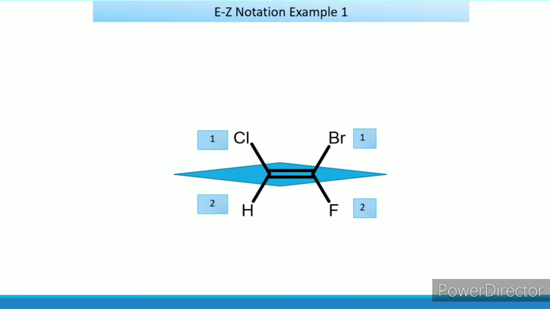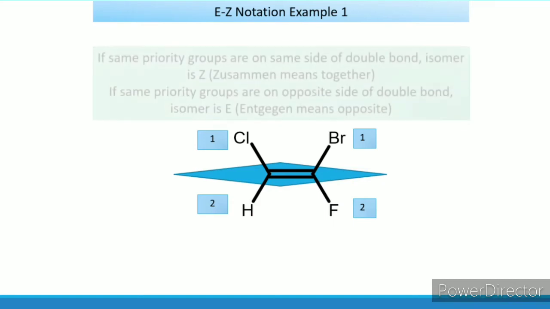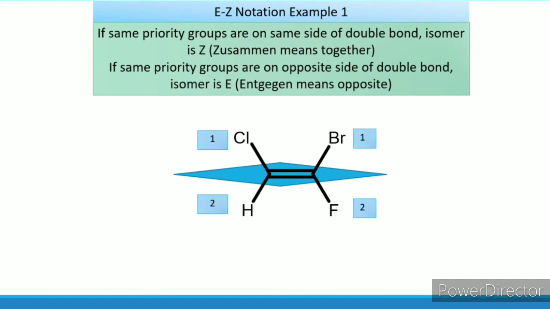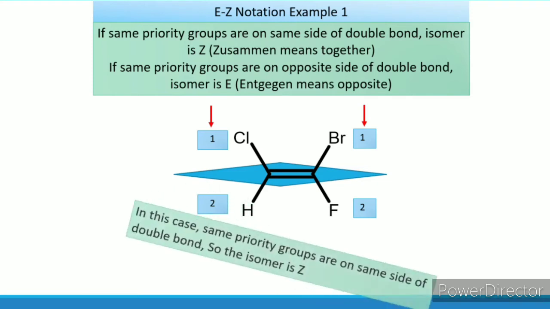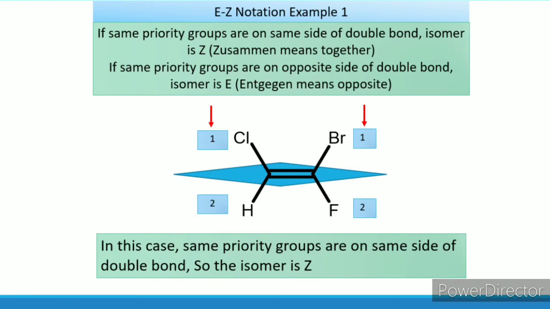For assigning EZ notation, you have to remember two statements. If same priority groups are on the same side of the double bond, the isomer is Z. If same priority groups are on opposite sides of the double bond, the isomer is E. In this case, same priority groups are on one side of the double bond, so this isomer is the Z isomer.